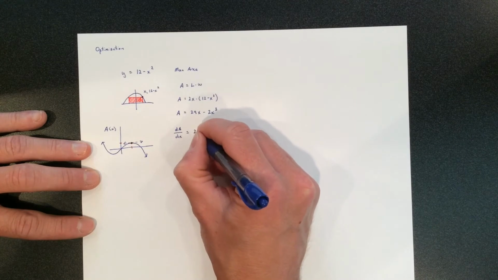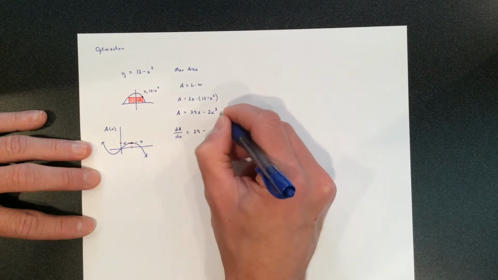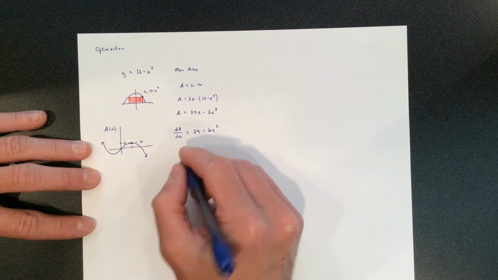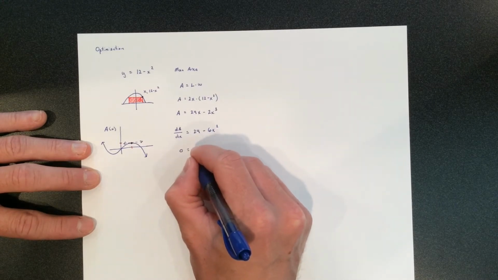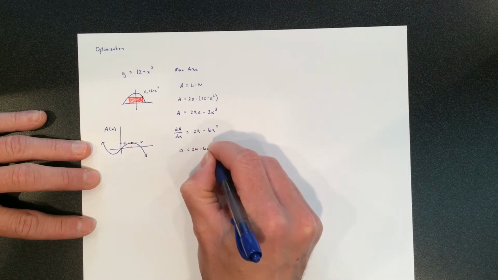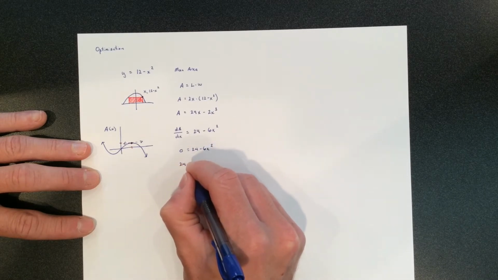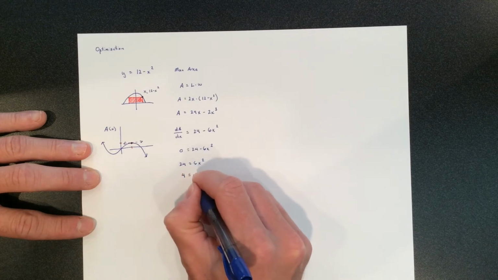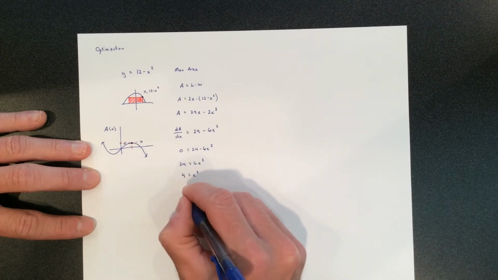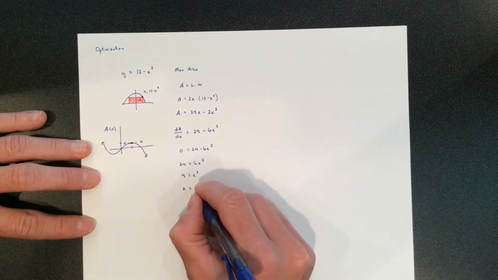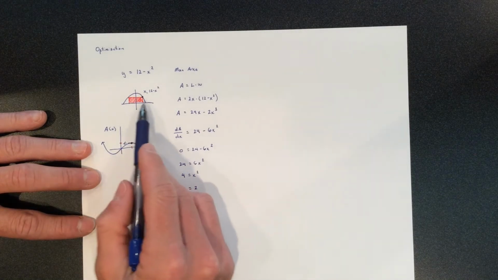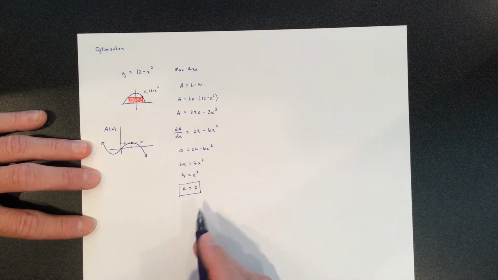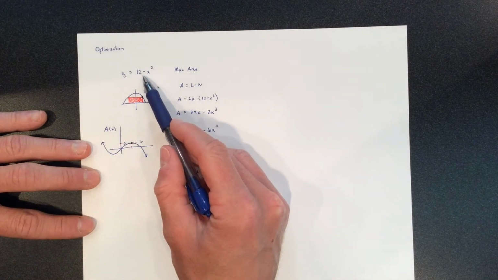The derivative of 24x is just 24, and then minus 6x squared. I'm going to set dA/dx equal to 0, which is to say that 24 equals 6x squared. Divide by 6 to give me 4 equals x squared, and I can get x equals plus or minus 2, but 2 is the only interesting value because negative doesn't make any sense in this. There's your perfect x value based on that particular quadratic.